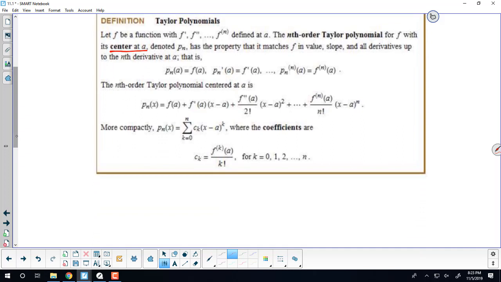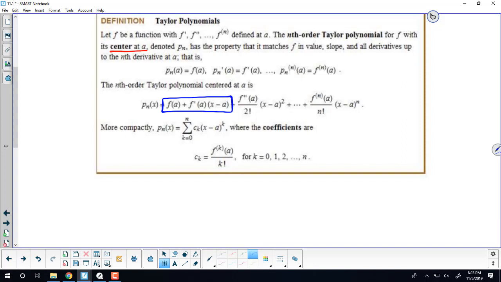And so P sub n is going to have the property that it matches f in value, slope, and all derivatives up to the nth derivative, because we're going out to the nth order approximation. The nth order Taylor polynomial centered at a is given as follows. You'll notice that right there is the linear approximation, and then we add another term to it.